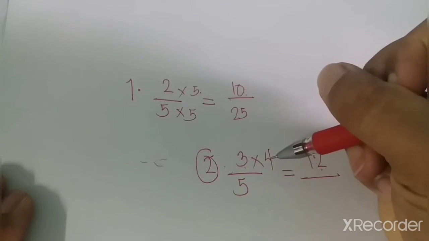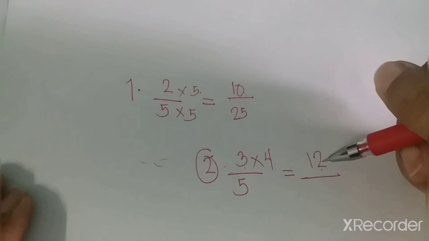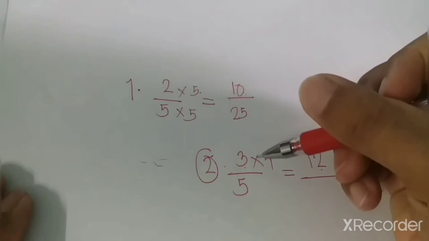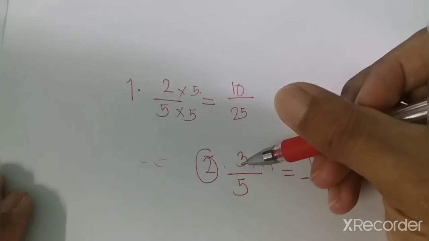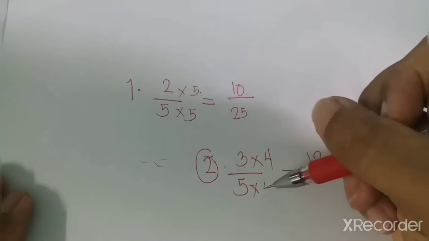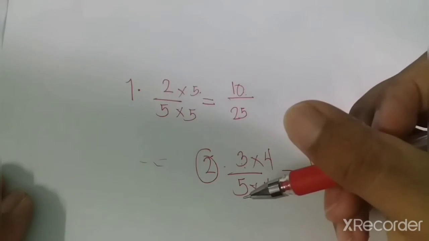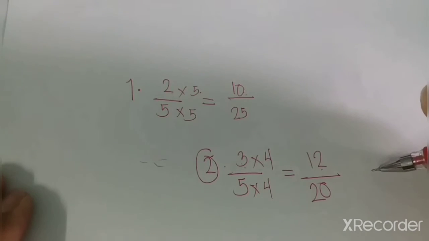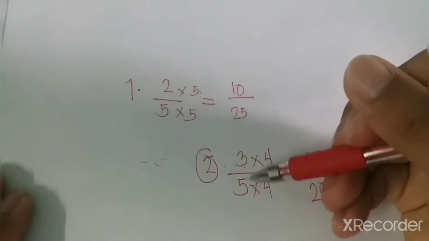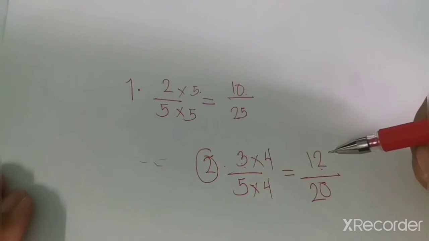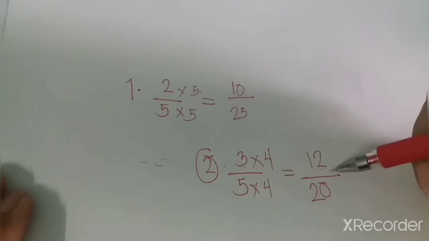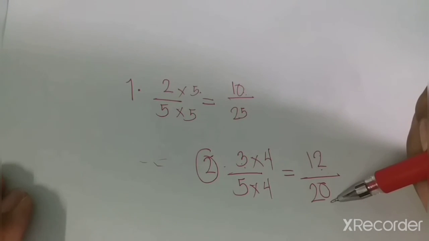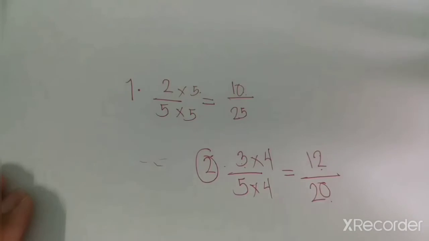That is 4. If you multiply 4 by 3, the answer is 12. And again, whatever number you multiply in the numerator, you do it in the denominator. So 5 times 4 equals 20. Therefore, 3 over 5 is equivalent to 12 over 20. Okay? Understood?